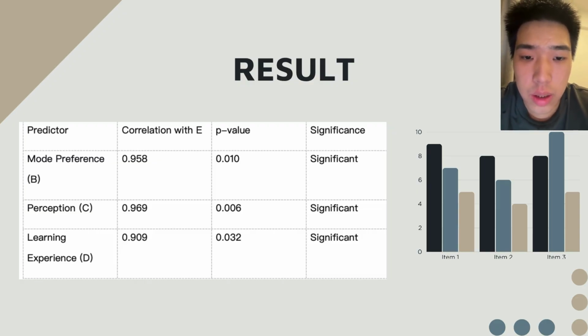This fully proves that there is a very large and close correlation between these students' acceptance of these learning modes and their attitude towards these learning modes.